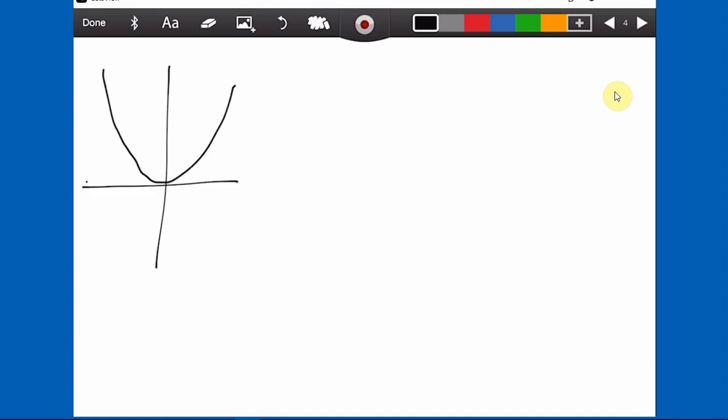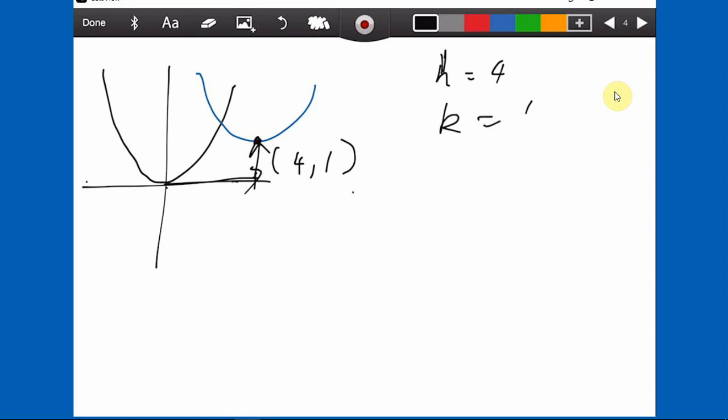So we've got y equals x squared, and we're then going to shift that across to here, and that turning point is 4 and 1. All right, and so we would have said it's been shifted across that way 4. So h equals 4, and then it's been shifted up that way 1, and that's k equals 1.